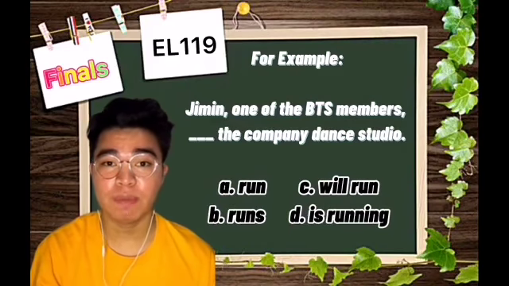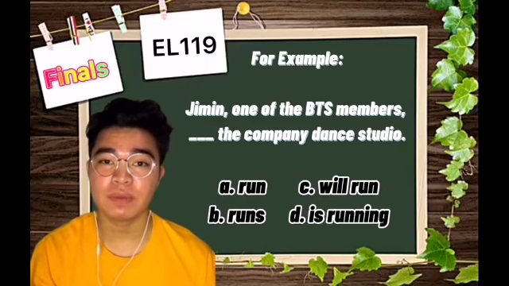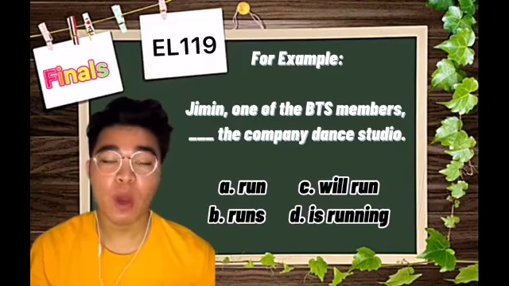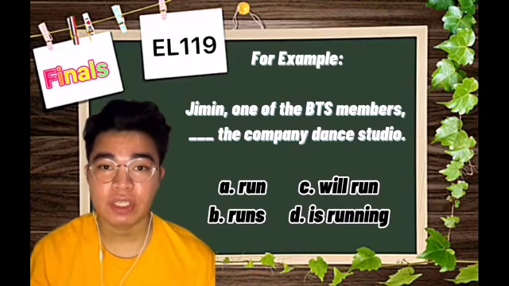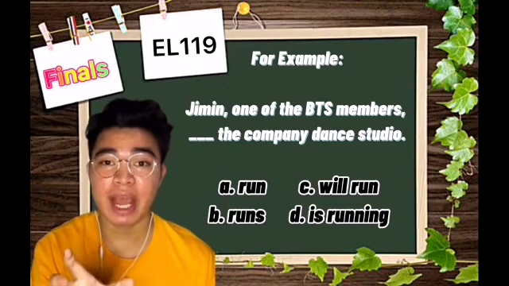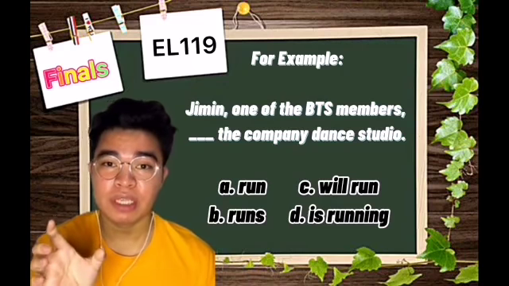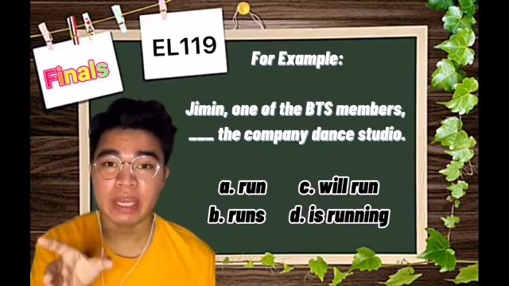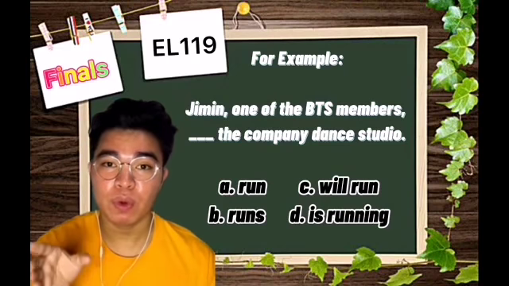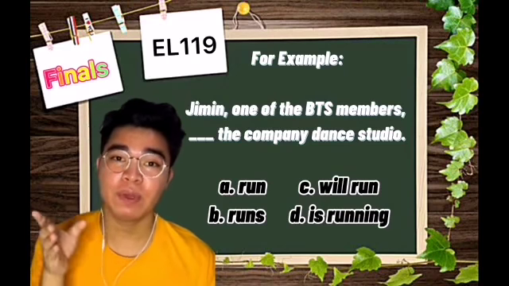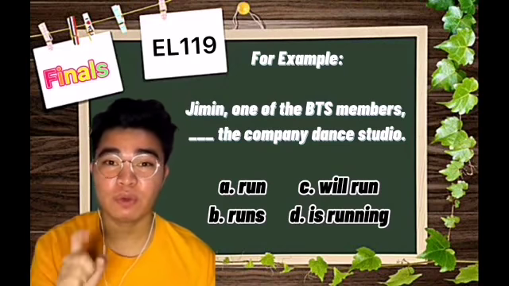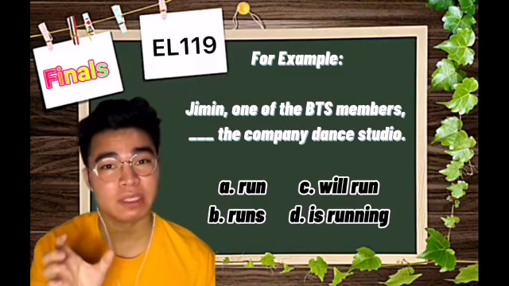Since Jimin is only one, and looking at the phrase one of the BTS members, this is a tanggalable phrase, since it is surrounded by commas from both ends. That is also one of your clues to know if it is a tanggalable phrase.